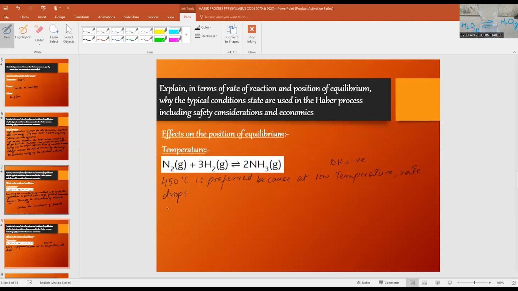Theoretically, you can write low temperature shifts the equilibrium to the right hand side or product side.